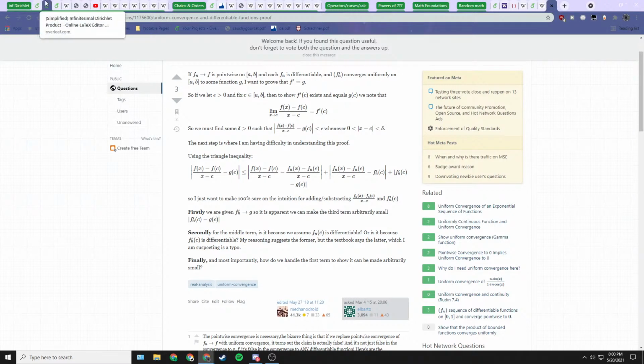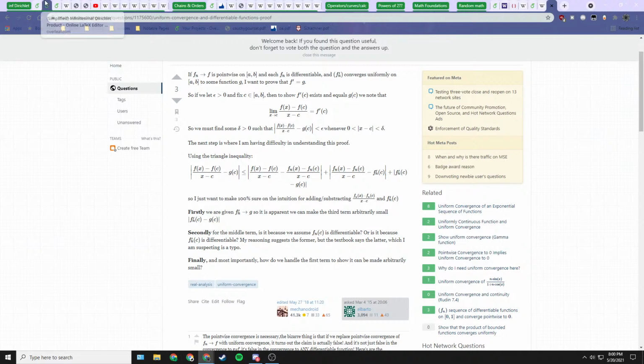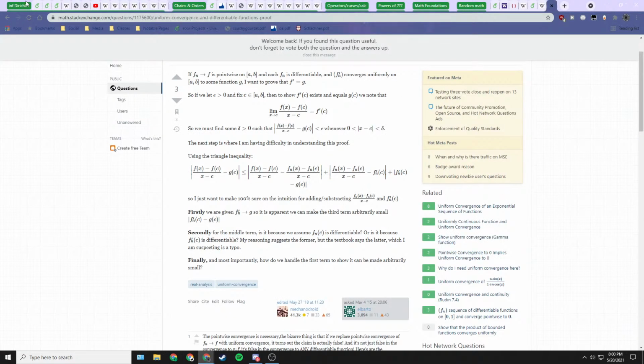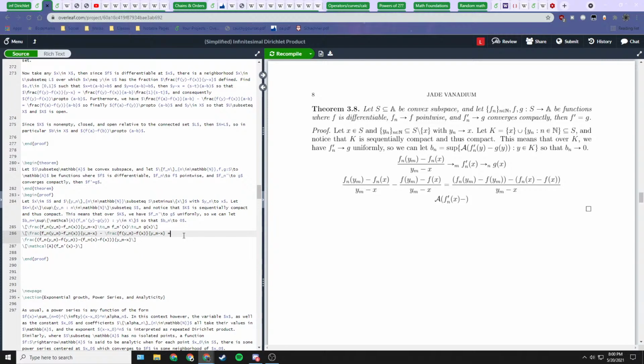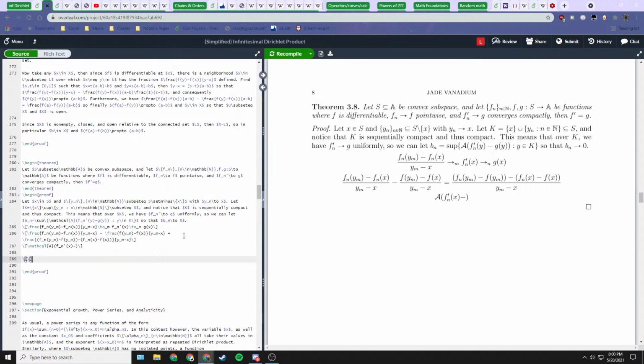Okay, so let's just see what happens if we do that with our function. So the difference quotient for f, we'll do the absolute value.